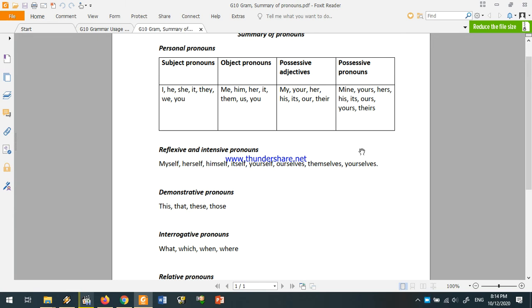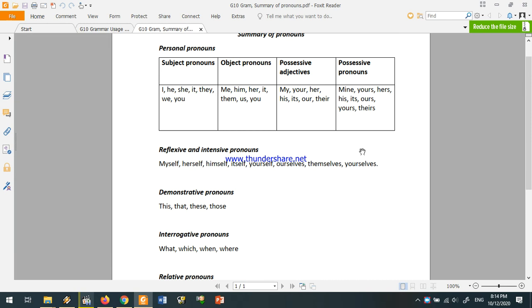She used the intensive pronoun myself just for emphasis that it was only her who did the homework, not someone else. So it's used for emphasis. It has no semantic meaning, but only a grammatical function.